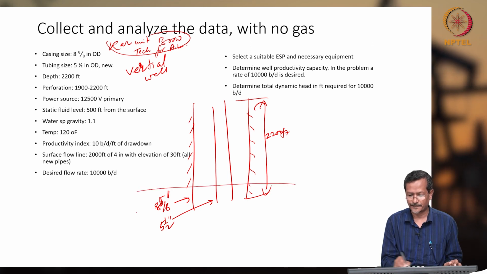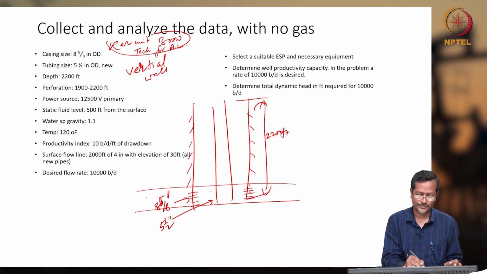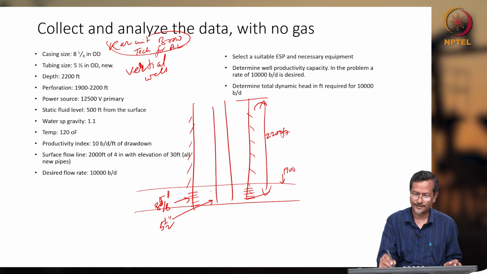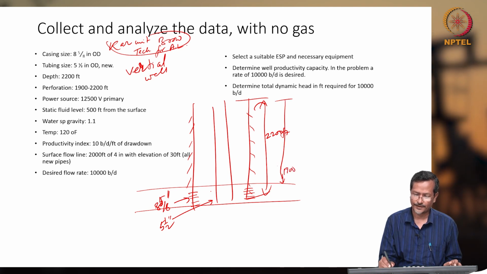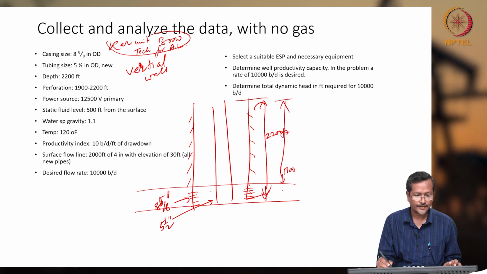So perforation is done here, and this is the reservoir. This is 1900, and this is 2200 anyway.